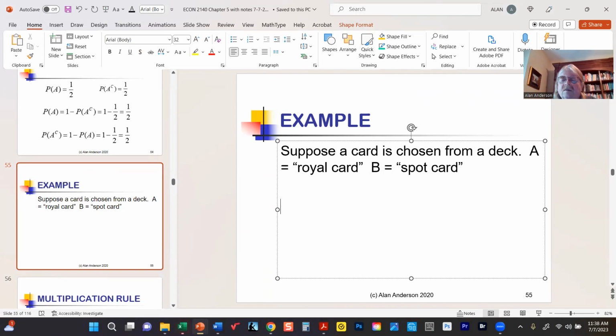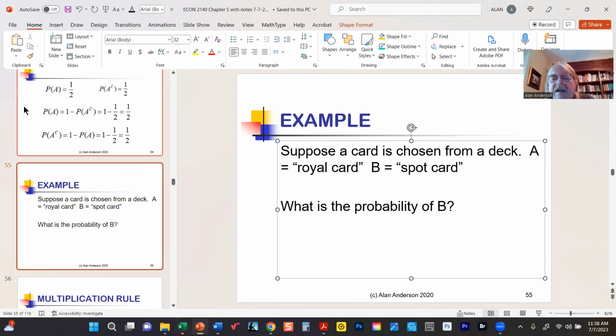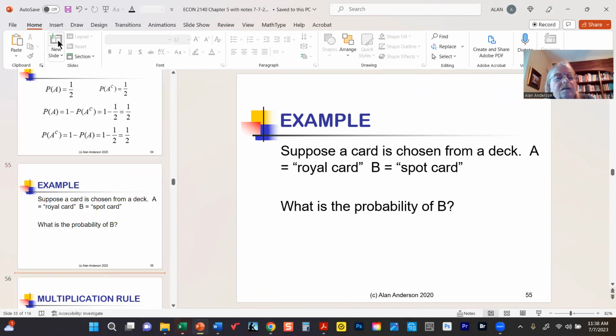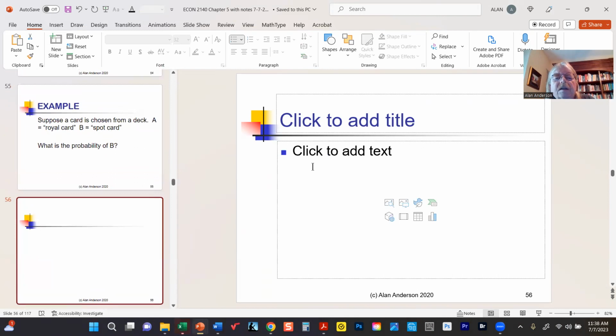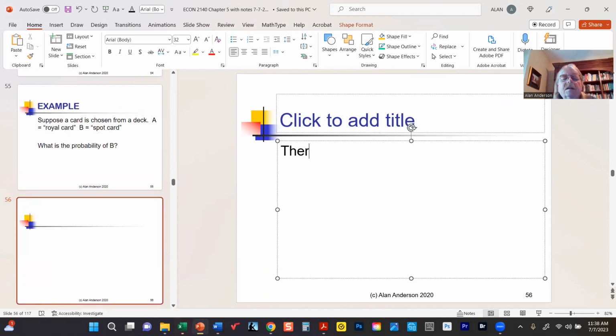So here's the part I want to know. What would the probability of B be? Now, we can certainly write out all the spot cards, but let's try this approach. There are 12 royal cards in a deck of 52 cards.